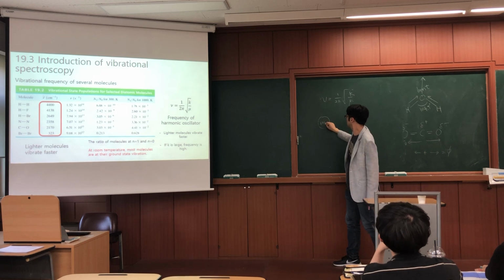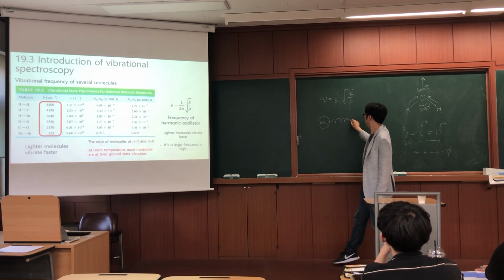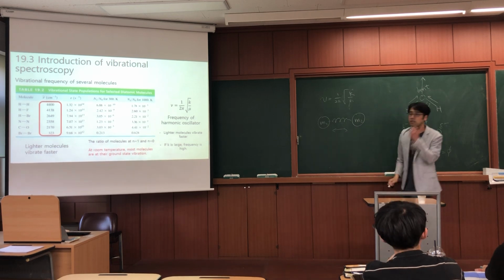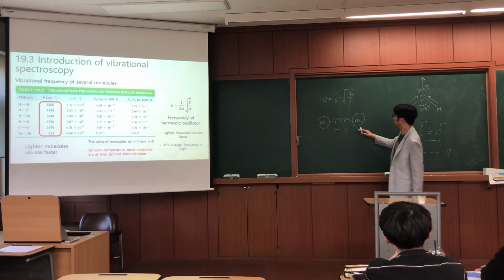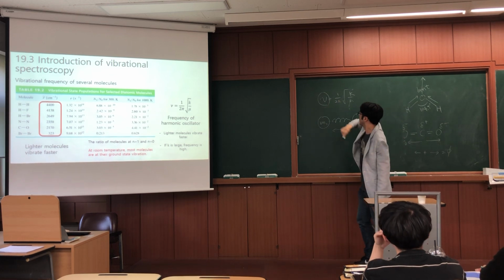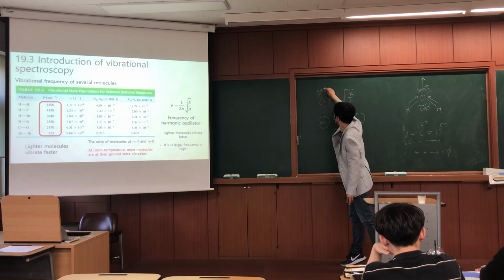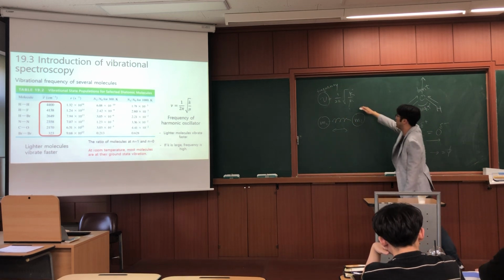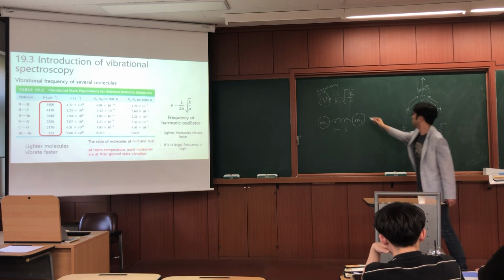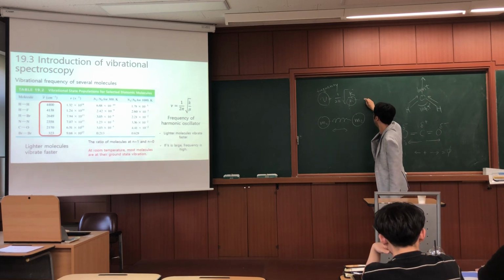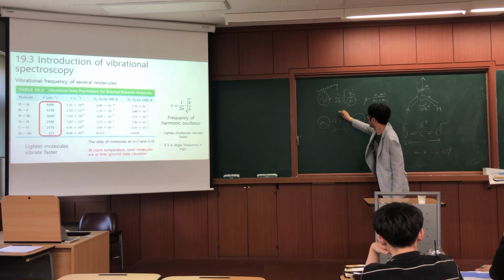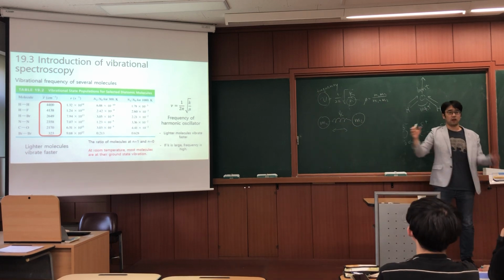So when an object with masses m1 and m2 is oscillating and vibrating, we can calculate the frequency of this oscillator by using this equation, right? Here mu is the reduced mass, so mu is m1 times m2 over m1 plus m2.